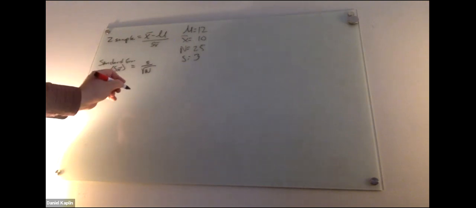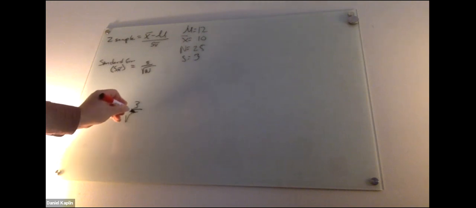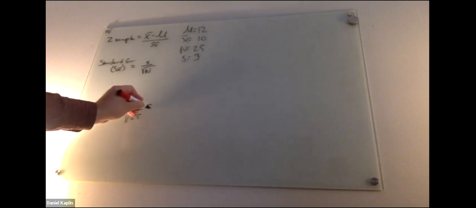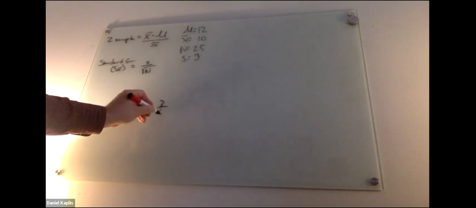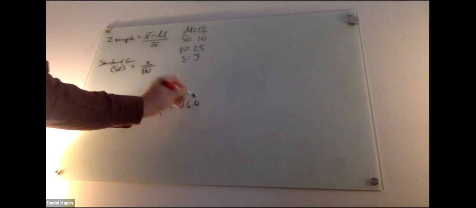So if we do this, we're going to do standard error of the mean first, right? So we're going to do 3 divided by the square root of 25, right? So that's our standard error of the mean. And that's going to be 3 divided by 5, which gives us 0.60.